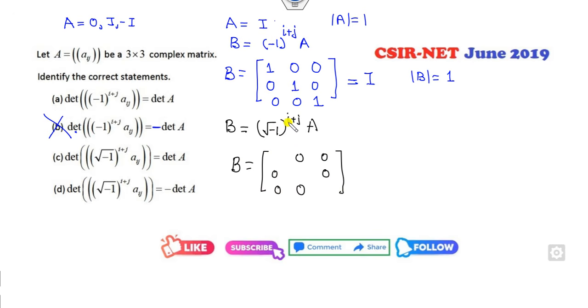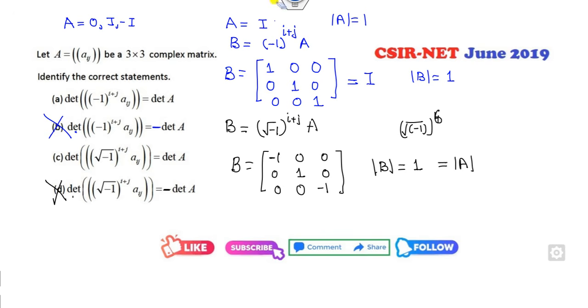First case, 1 plus 1 is 2, so it's plus 1. 1 plus 2 is 3, that's minus 1. 2 plus 2 is 4, it's plus 1. 3 plus 3 is 6, it is plus 1. Can you find the determinant of B? It is plus 1. So that means it is the determinant of A. But the option said minus. This option is also cancelled.